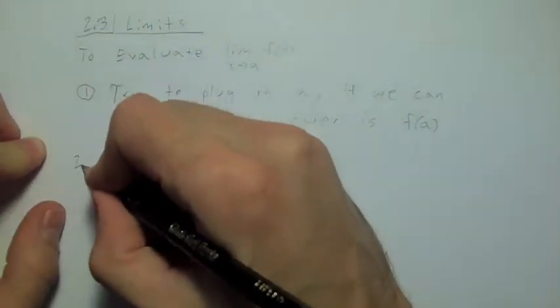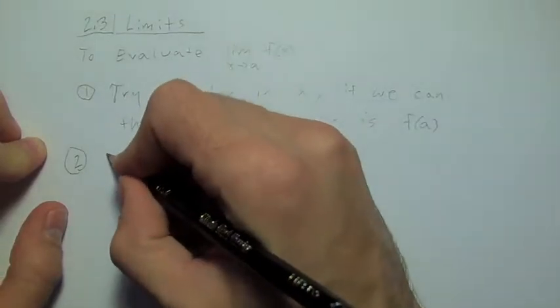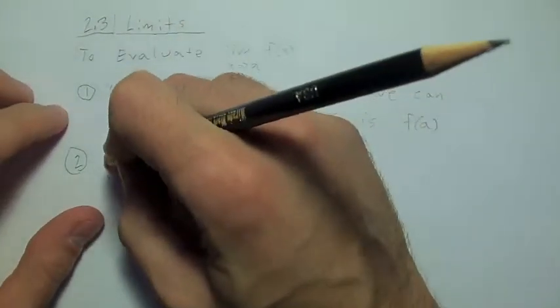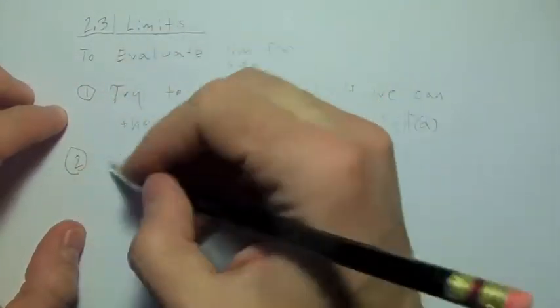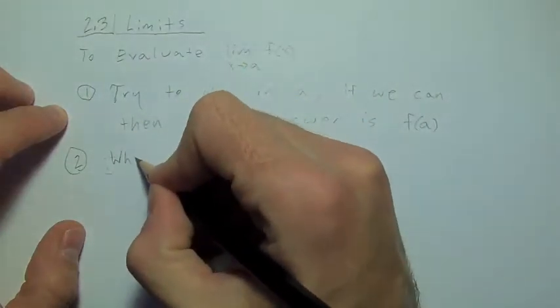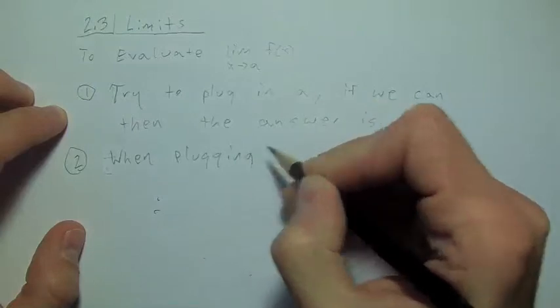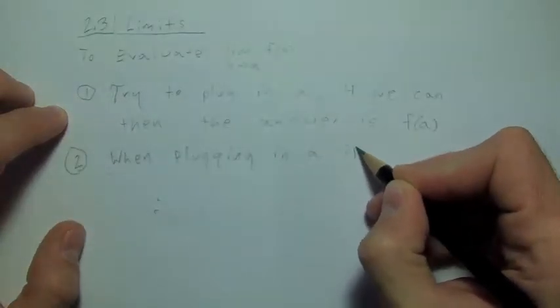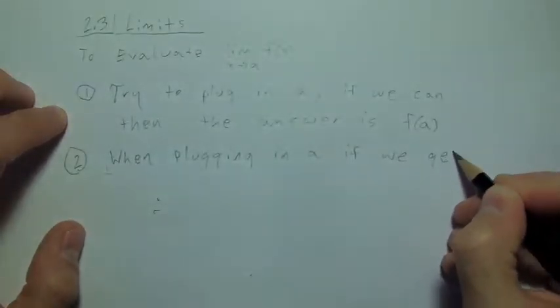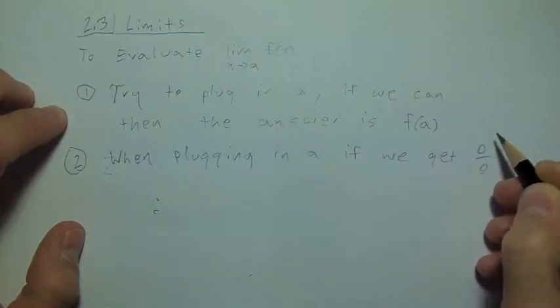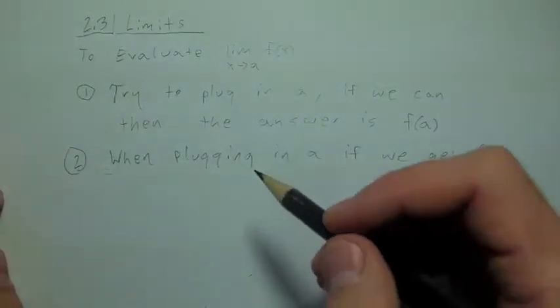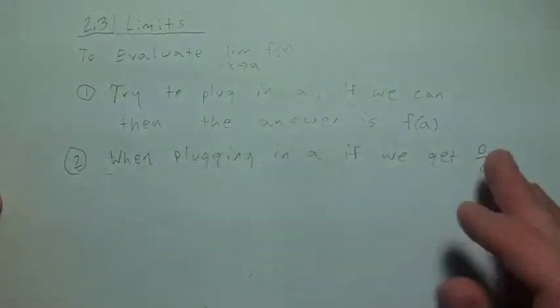On the other hand, if we have a 0 over 0 case, so when plugging in a, if we get 0 over 0, that means there's more work to do.